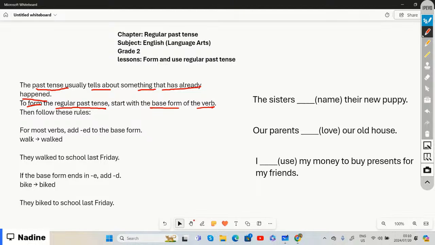All right, and we're going to follow these rules. The first rule says for most verbs, we need to add ed to the base form of the verb. The base form is basically just your actual verb in the present tense.